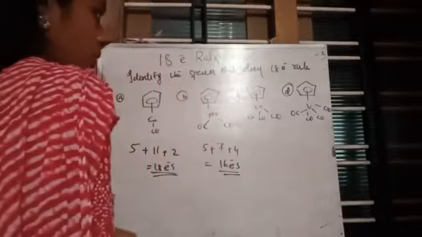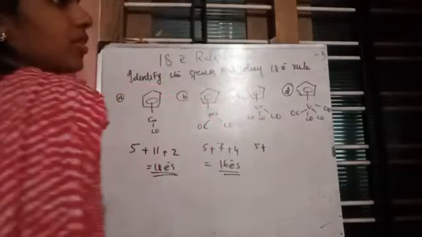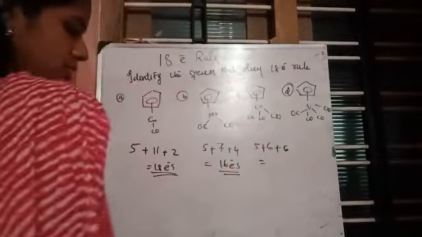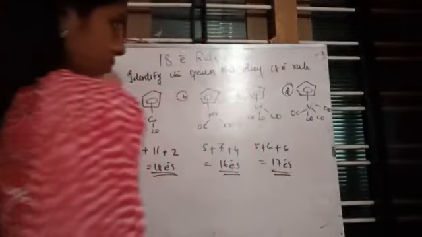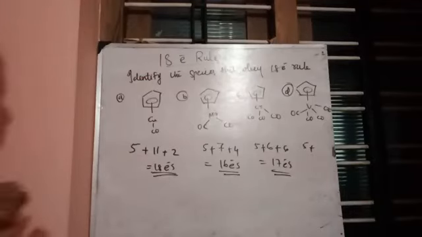Now let's look at the other options. Here 5 plus chromium. Chromium belongs to group 6, so you will get 6 plus 3 into 2, 6, 12 plus 5, that is 17 electrons. Here 5 plus vanadium. Vanadium belongs to the 5th group.